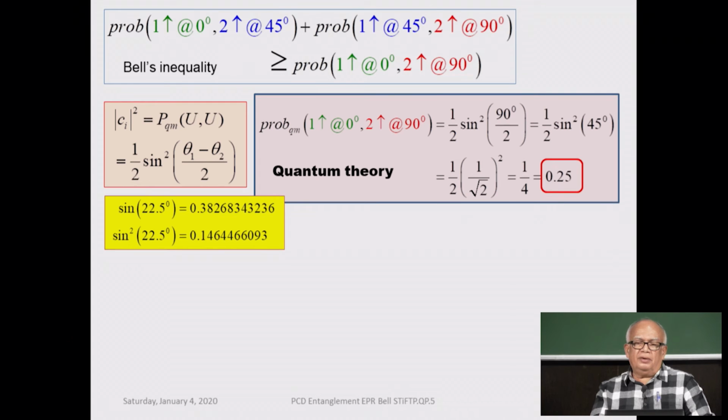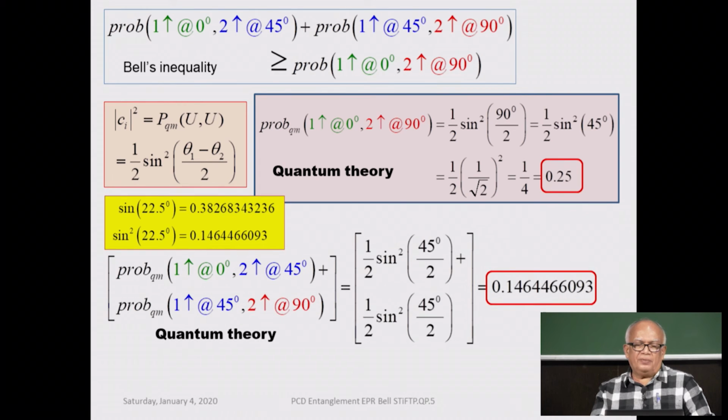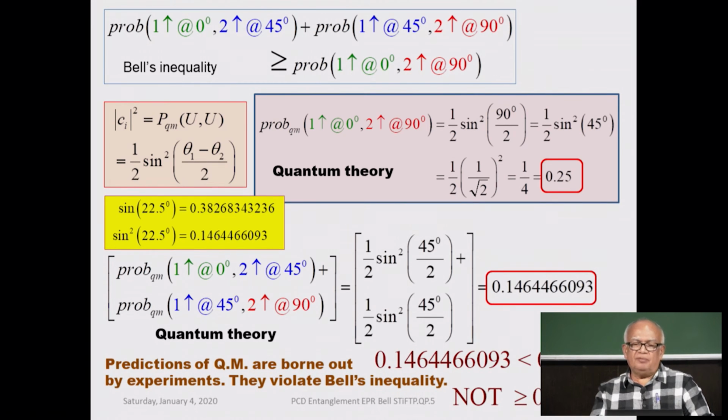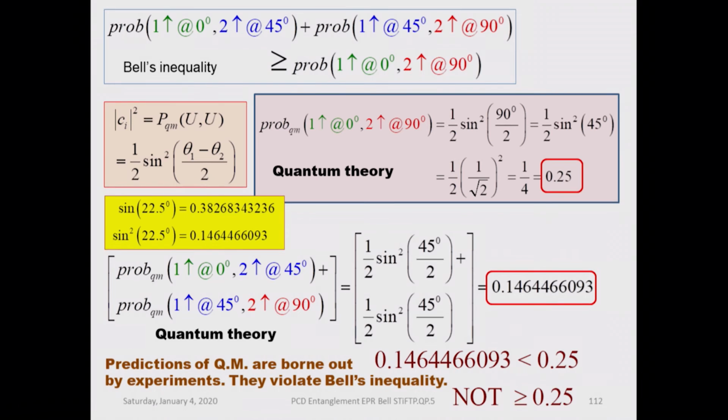And then you determine the other combinations and put them in Bell's inequalities, and what do you get? The sum of the other two probabilities. Look at the equation at the top. You have apparatus 1 at 0 degrees, apparatus 2 at 45 degrees, plus the probability for apparatus 1 at 45 degrees, apparatus 2 at 90 degrees, and you expect this to be greater than or equal to the probability for apparatus 1 at 0 degrees and apparatus 2 at 90 degrees.